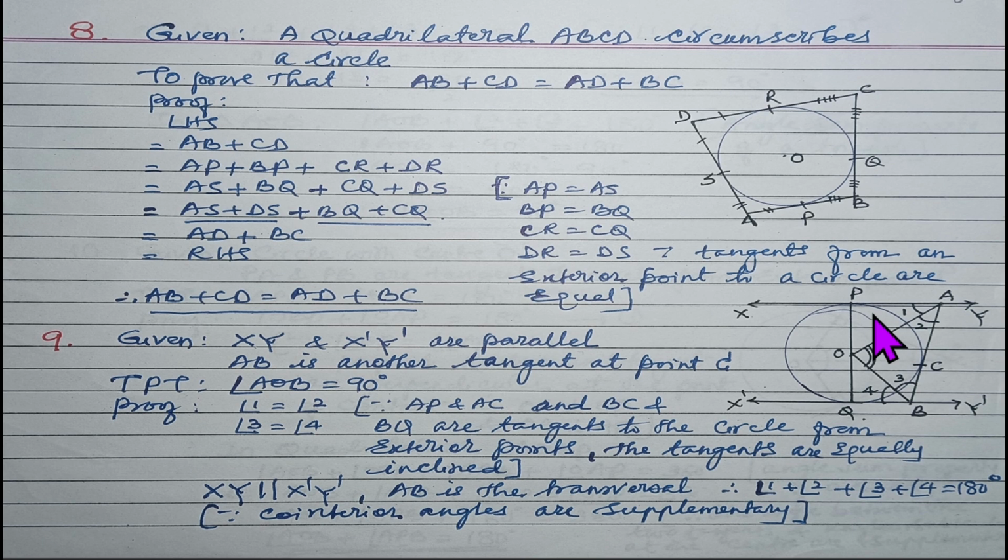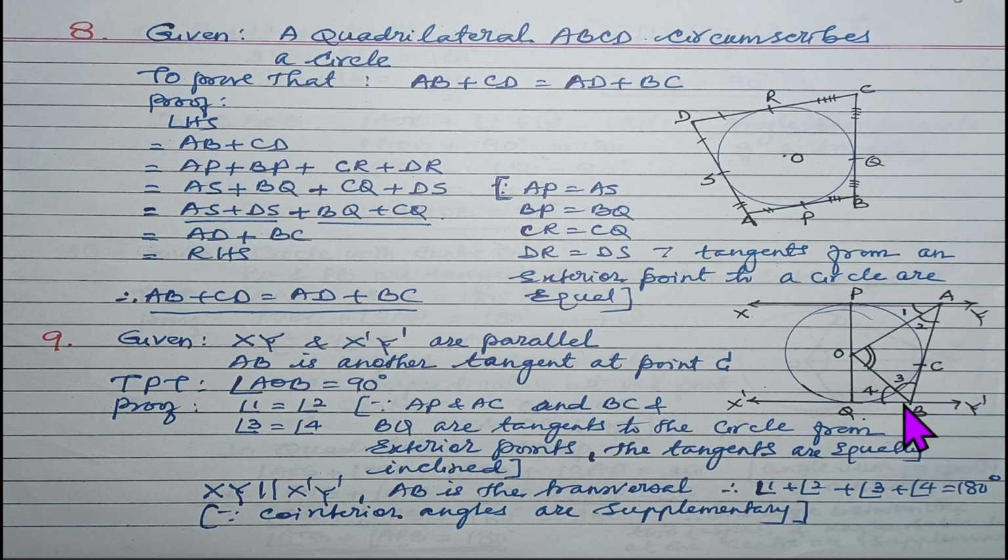Now if you inspect this diagram, point A is an exterior point to the circle, and AP and AB are the tangents. The tangents drawn from an exterior point are equally inclined, that means angle OAP and angle OAB are equal, so angle 1 is equal to angle 2.